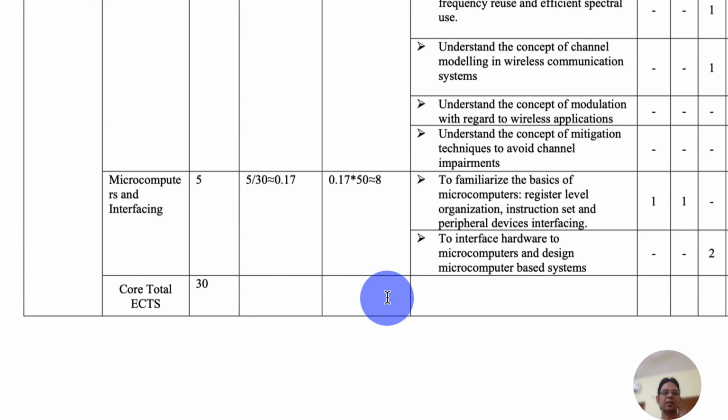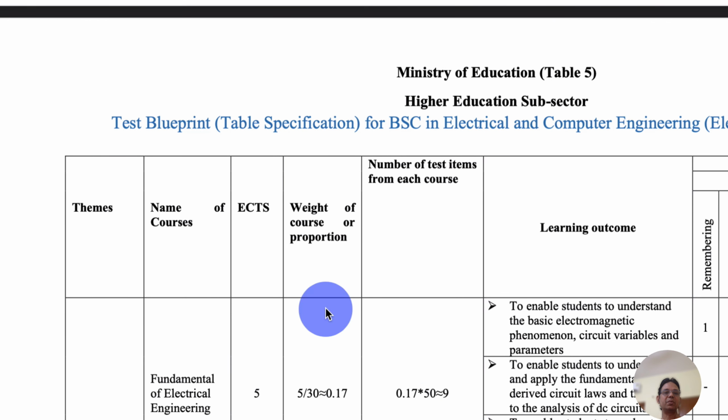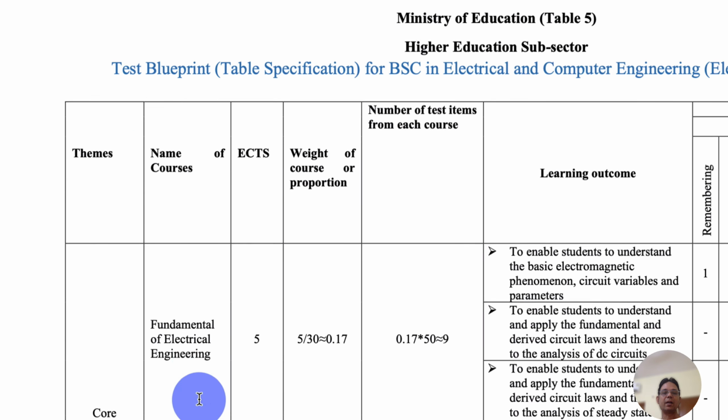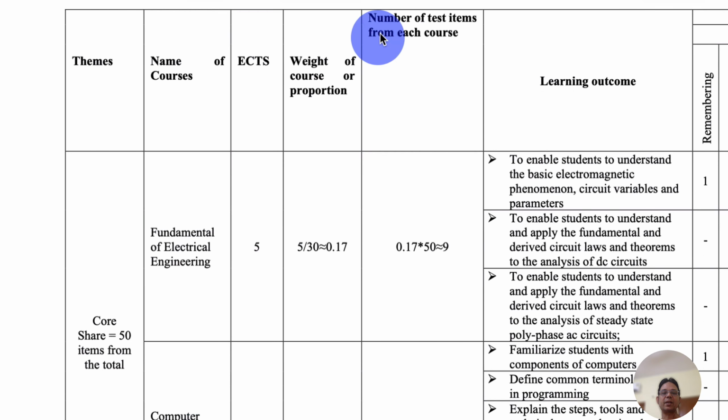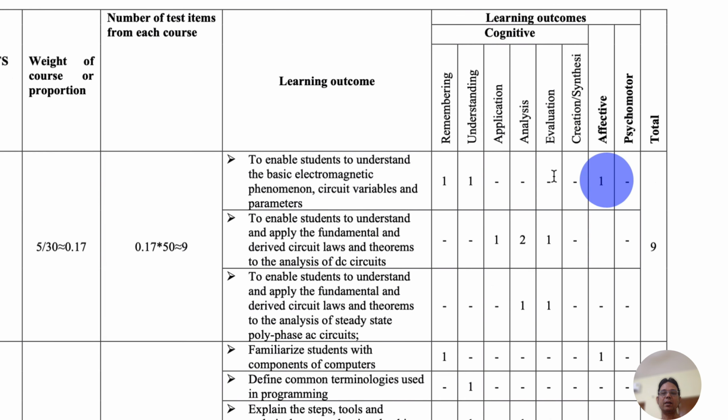Similarly we can see the test blueprint for BSc in electrical and computer engineering. So those courses we saw previously are listed here according to their number of test items, learning outcomes, and weightage of courses, proportions, how much percentage portion will be covered, and these are the learning outcomes.